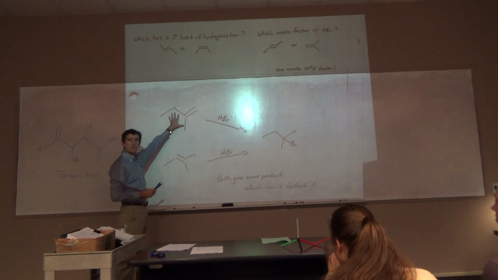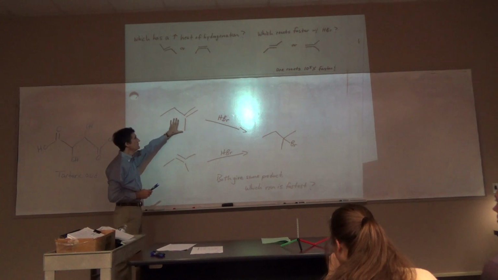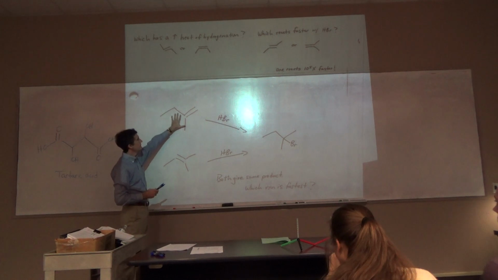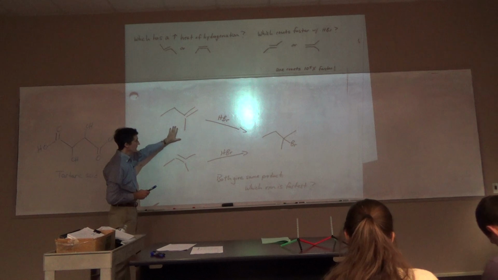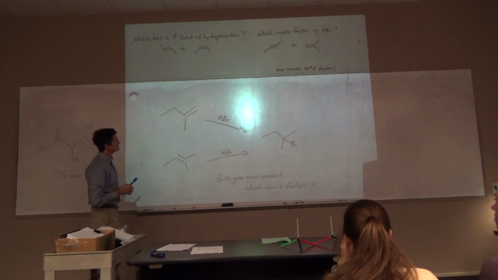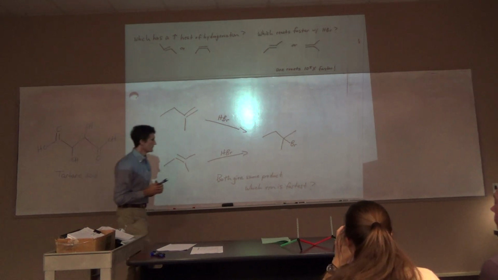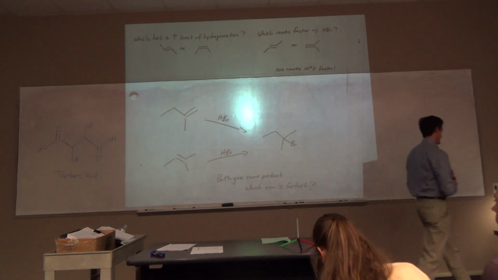Why do you say this one's mono-substituted? I thought it would only form on the tertiary, not on the end. Oh wait, never mind, I was wrong. But this is not a mono-substituted alkene, it's a di-substituted alkene. Which reaction is fastest?